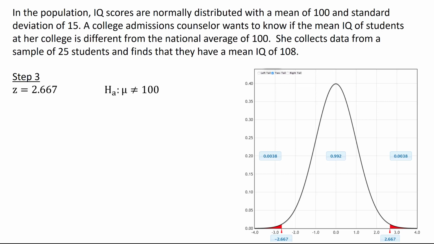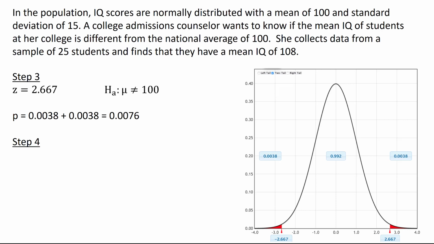If we draw a z-distribution and find the area more extreme than 2.667, the p-value will be the total area in the left and right tails. You can find this area using StatKey or Minitab Express. 0.0038 plus 0.0038 gives us a p-value of 0.0076.